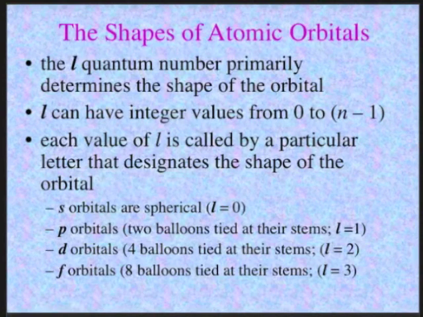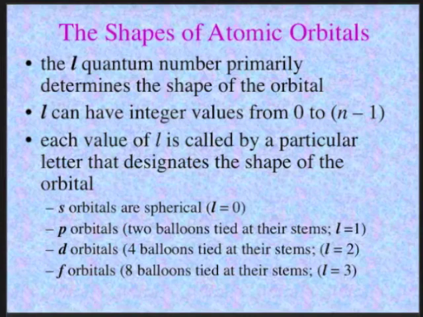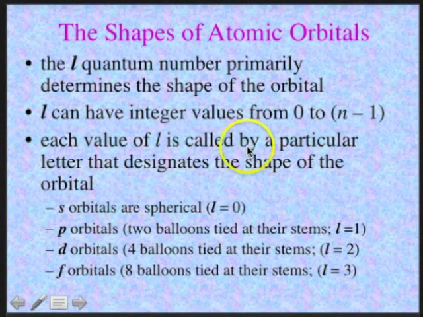Now the L quantum number primarily determines the shape of the orbital, and L can have integer values from 0 to n minus 1. Each value of L is called by a particular letter that designates the shape of the orbital. So when L is 0, we're talking about s orbitals. And these have a spherical shape.